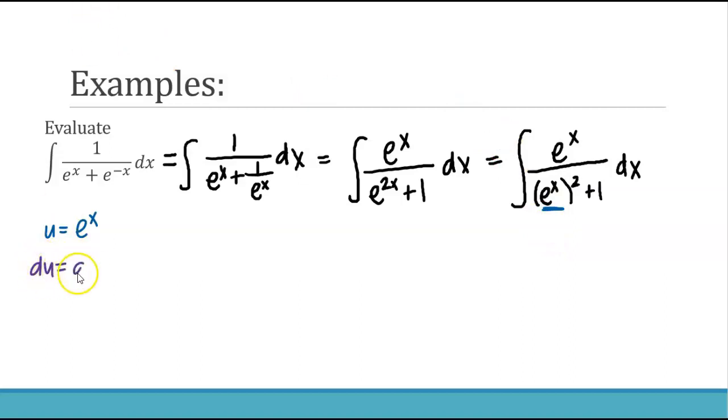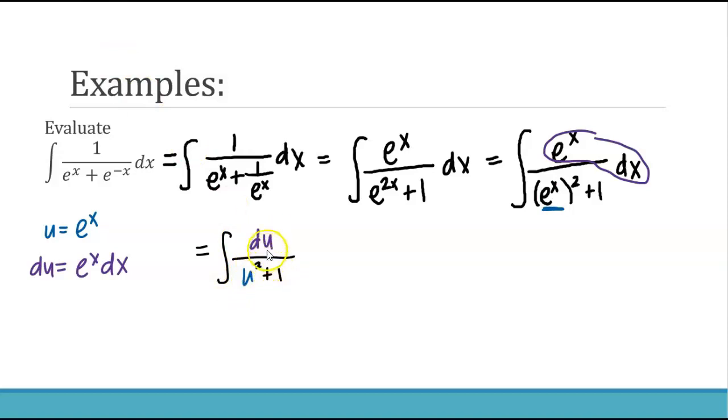Because then du, its derivative, is e to the x dx, which is in this numerator right here, e to the x dx. So what this problem is going to become is, I'm going to move it back over here, next line, it's going to become the integral of du over, I replace e to the x with u, so that's going to be u squared plus 1.